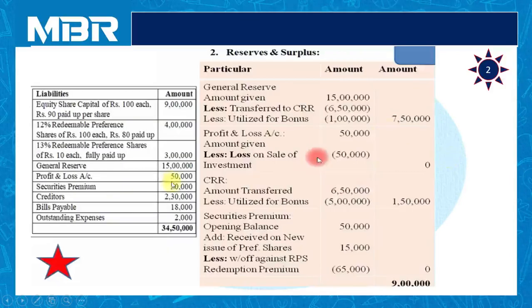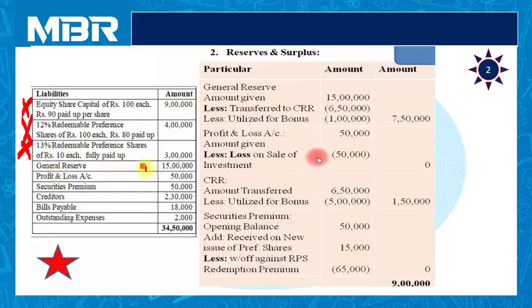The calculation of reserves and surplus always plays an important role in our question. We have already covered equity share capital at the time of share capital. This 12% RPS is redeemed and 13% RPS is also redeemed by the company. Here in note number 2, we have to concentrate on reserves and surplus.